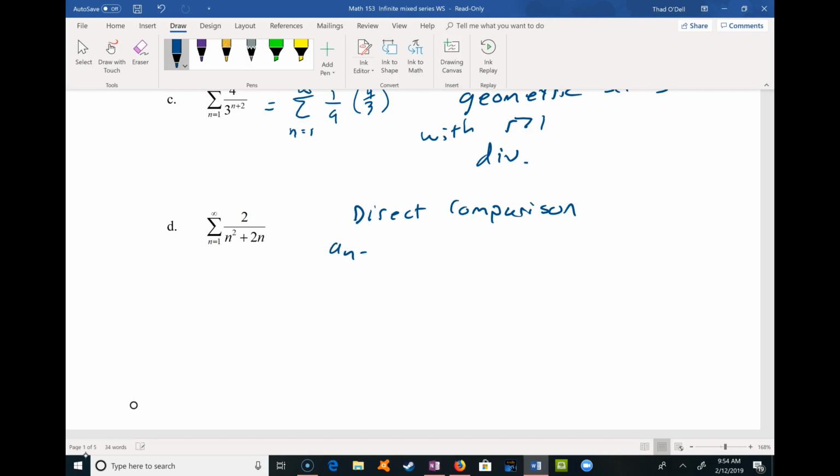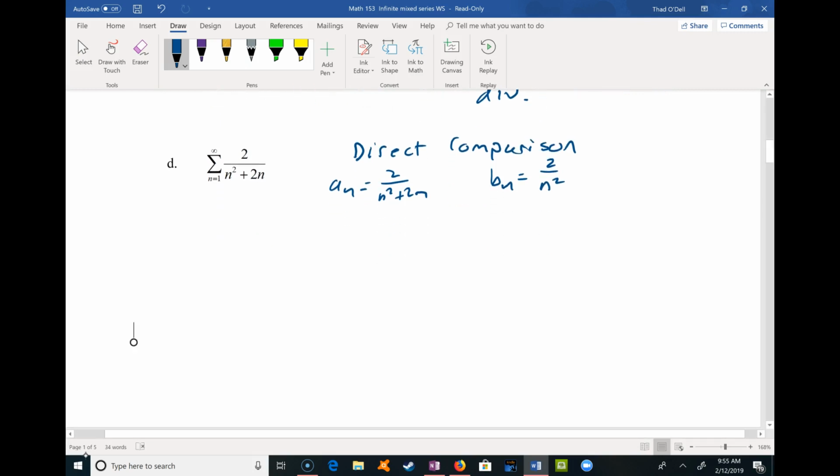We're going to let a sub n equal 2 over n squared plus 2n. We'll let b sub n equal 2 over n squared, and then clearly n squared plus 2n is bigger than n squared. Therefore, a sub n is less than b sub n. So that meets the first condition of the direct comparison test.